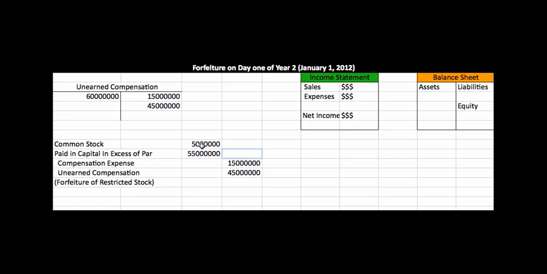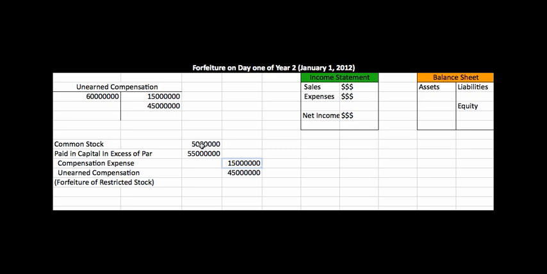Now this might be somewhat controversial. However, the FASB currently says that we account for the forfeiture of restricted stock on a prospective basis, meaning that any expenses we had previously expensed need to be reduced in the current period going forward. We do not restate prior financial statements, and so therefore there's no prior period adjustment.